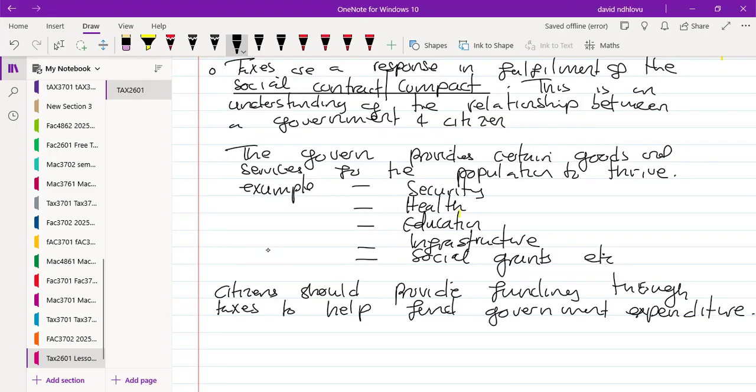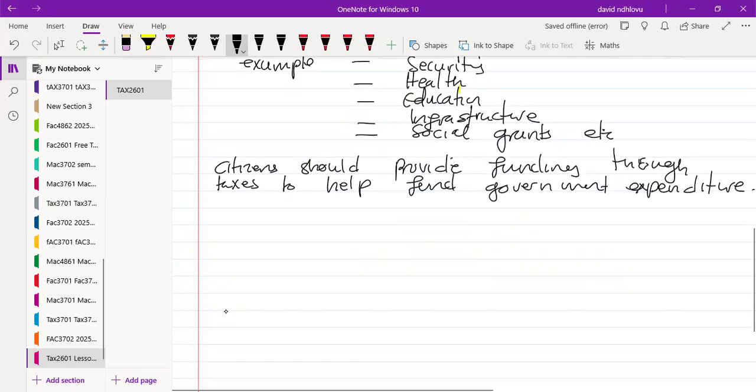Obviously the funds available to the government are not just limited to taxes. The government can also complement the taxes provided by taxpayers through other means. For example, the government can run some businesses. You have some state-owned enterprises, which, if they are doing very well, will generate income for the country. The government also charges some monies for services provided, e.g., when people come here and want to do business in South Africa, there are certain charges that they will pay, perhaps mining fees and similar items that can help the government raise funds.